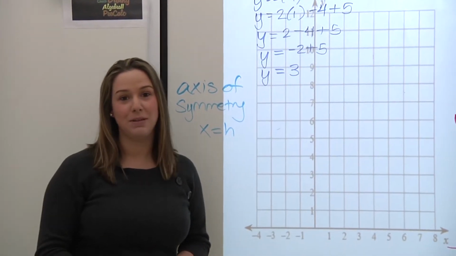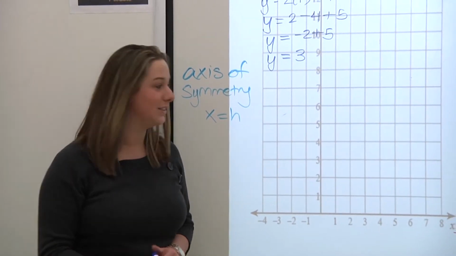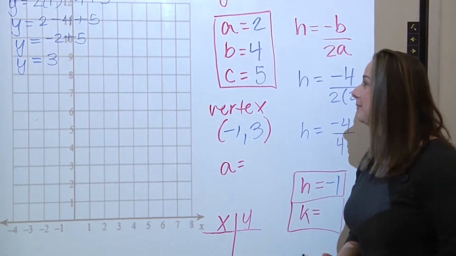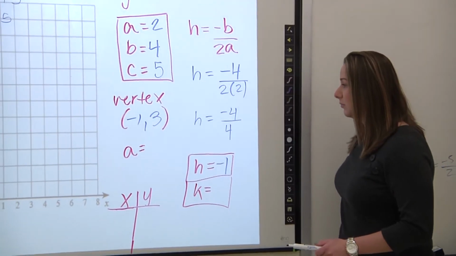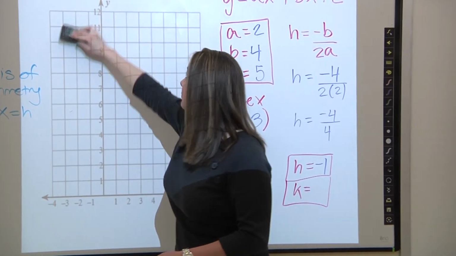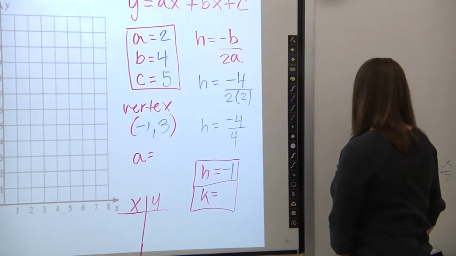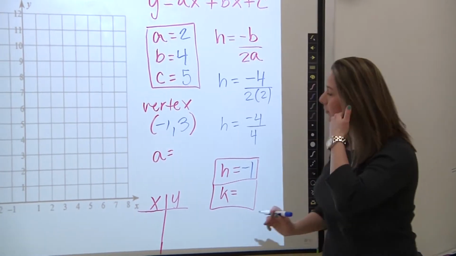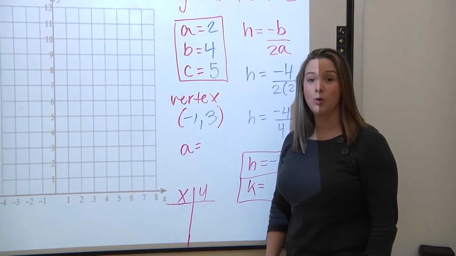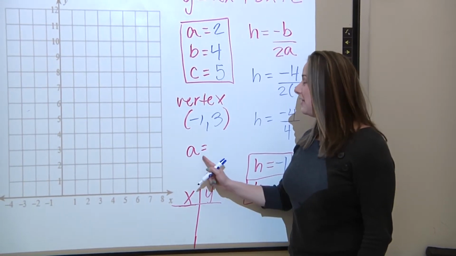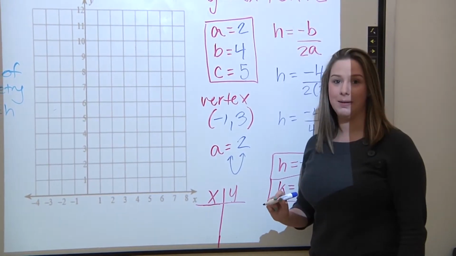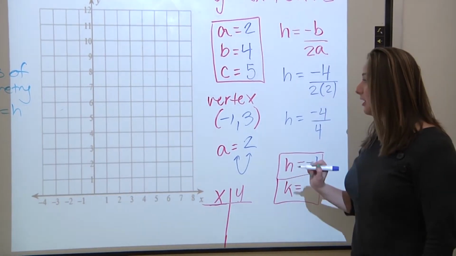Our k value is going to be 3. So our vertex is -1, 3. Remember, the a value determines if the parabola is going to open up or open down. In this case, the a value is 2, so our parabola is going to open up. Let's plot the vertex.